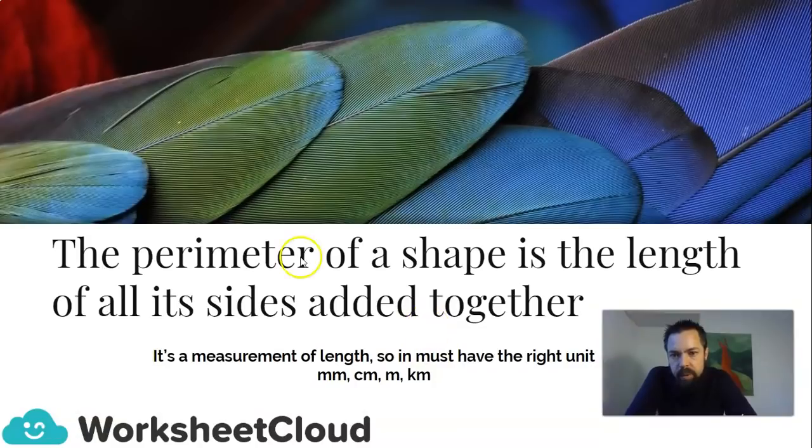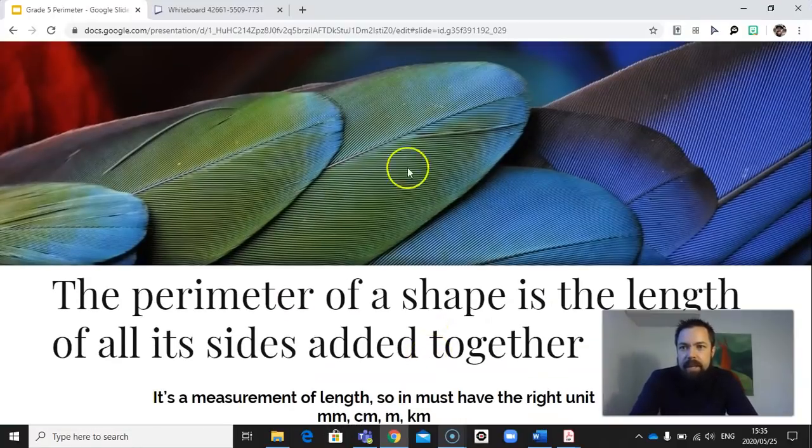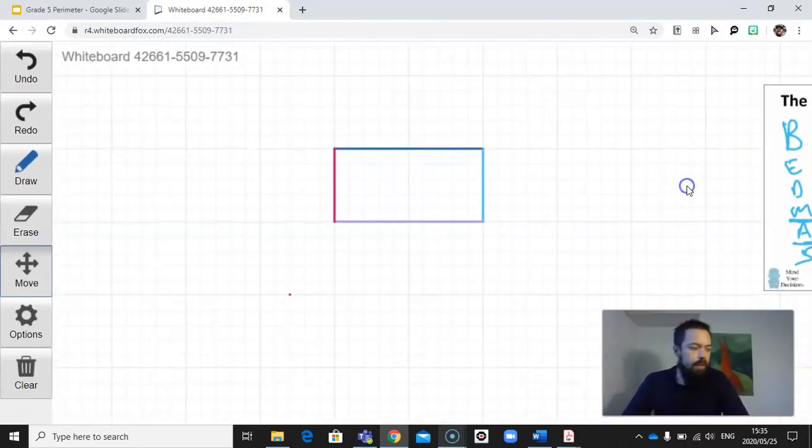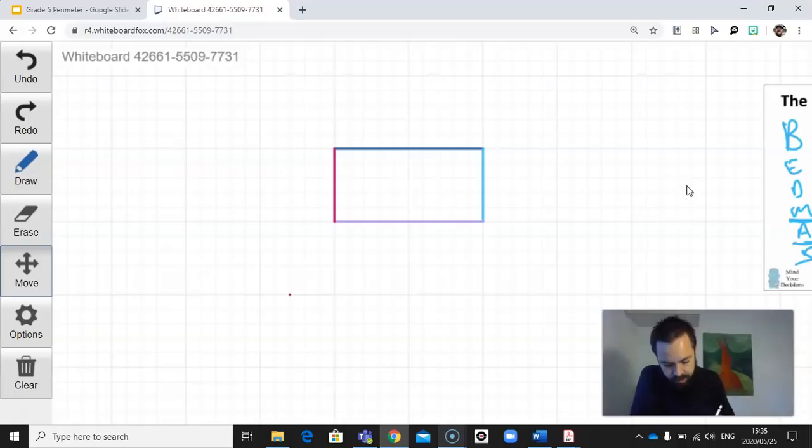Okay, so I said there that a perimeter of a shape is the length of its sides added together. And I did just want to jump across the whiteboard quickly and have a look at this picture here. All right, so what I've got here is these shapes. Now what I want to do is to show you how this converts into a length. So first of all, I'm going to take the pink line, which is there, and I'm going to make it go here instead.